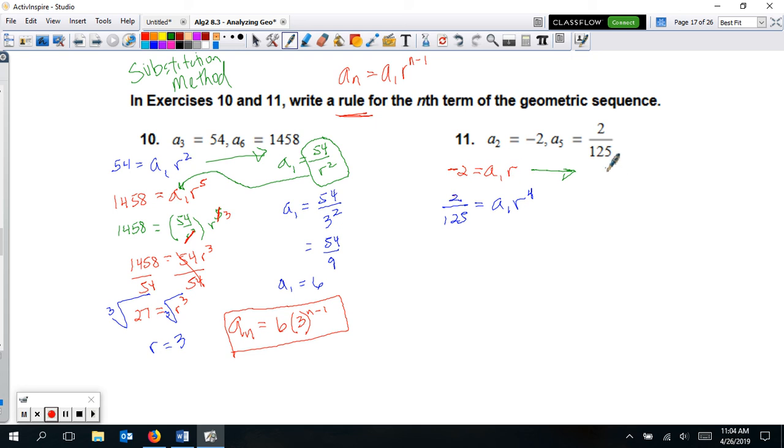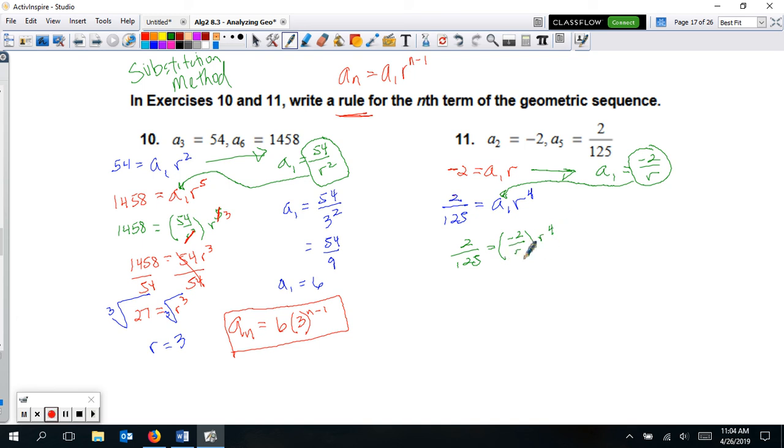So the a of 1 is going to be the negative 2 divided by r. And now I can take this here and substitute it down over here for the a of 1, right in that spot. So it's going to start off with 2 over 125 is equal to, instead of a of 1, we're going to replace it with this: negative 2 over r times r to the 4th.